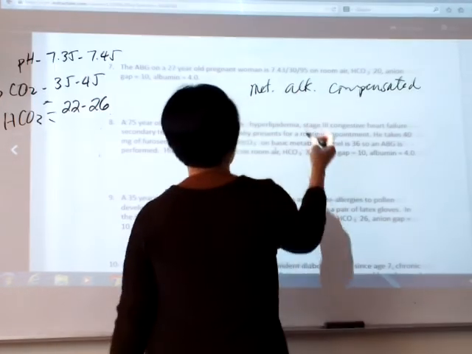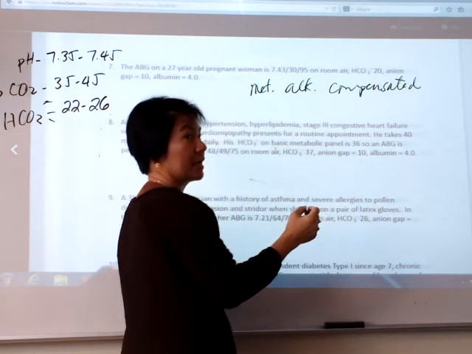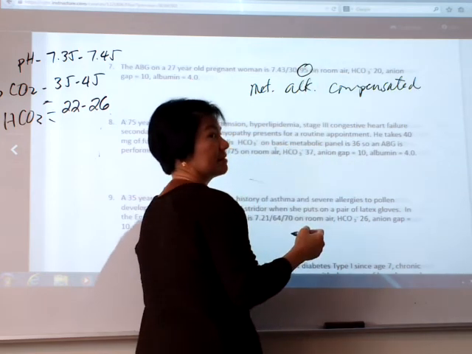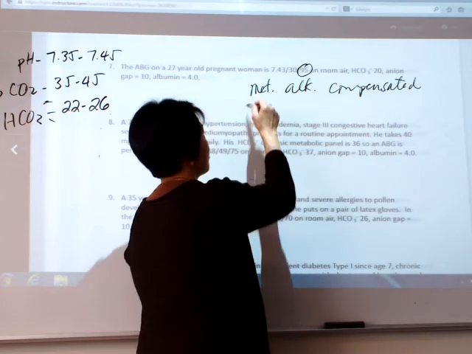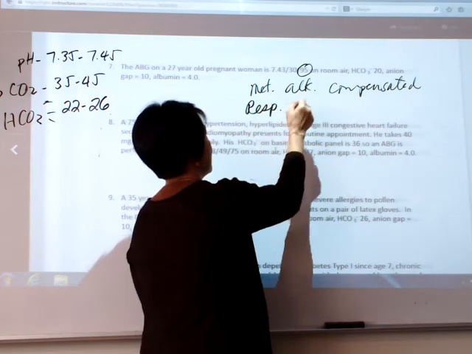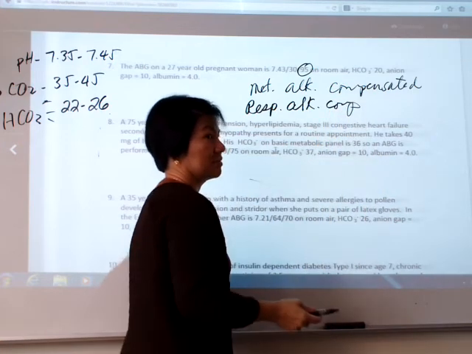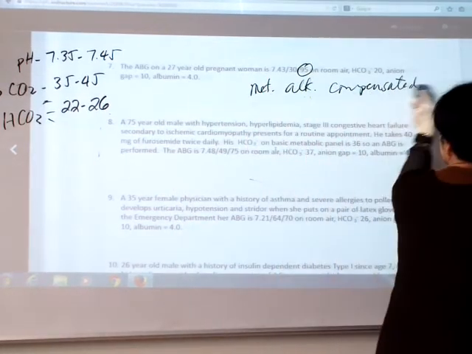How is it alkalosis if the normal level is 7.45 and she has 7.43? She's within normal levels, but this is compensated. This is high and the PCO2 is low. So you can write respiratory alkalosis, compensated too. They're correct answers.